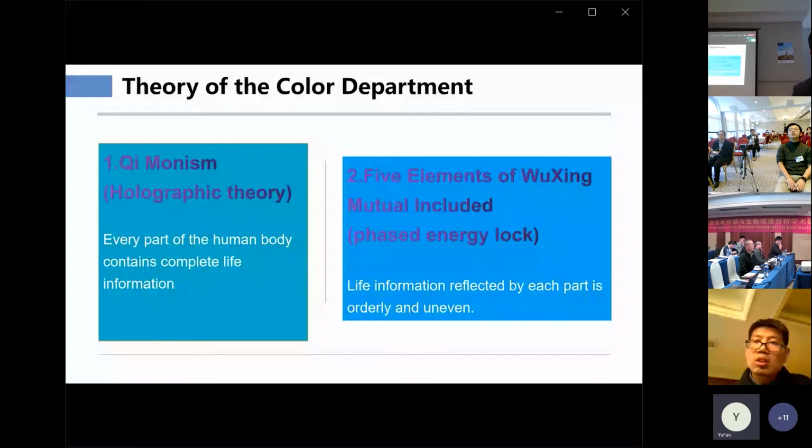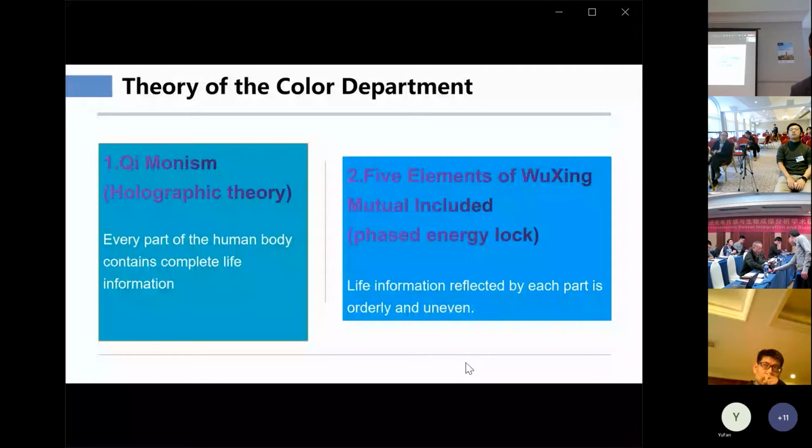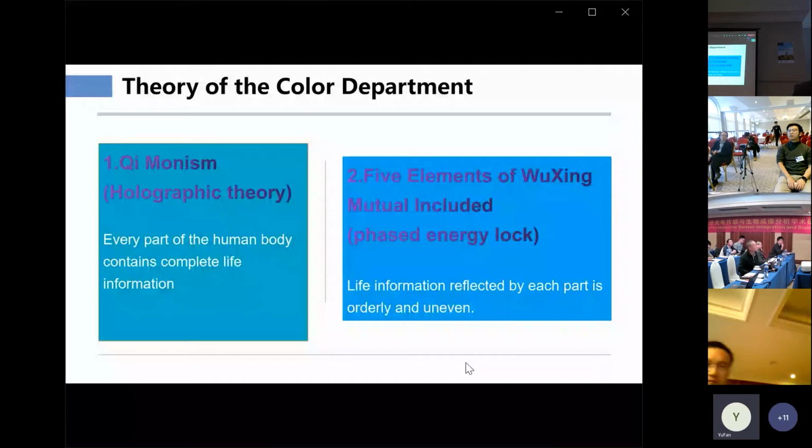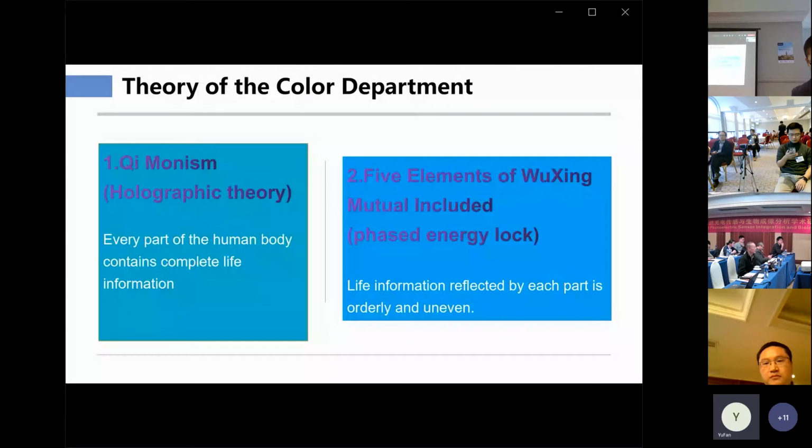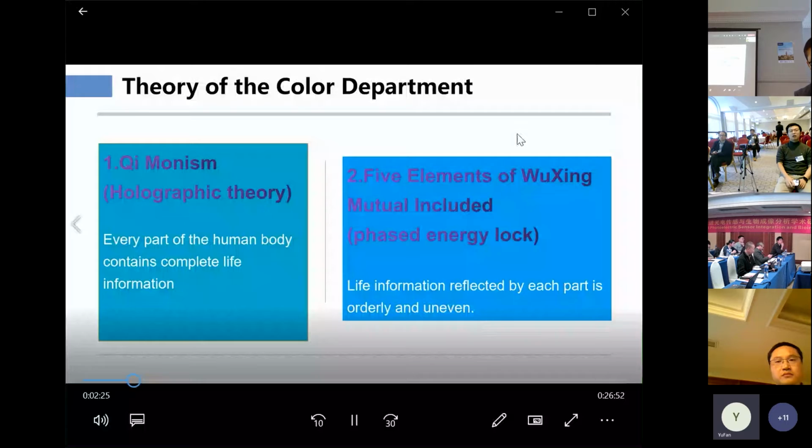The theory of chiasm is much more modern and comprehensive, which links all the information of the universe together. It's kind of like holographic theory. Can you hear it now? But we focus on the human body, so Yes, we can hear. it is every part of the human body contains complete life information. Like one piece of DNA contains all the life information. Then for the ECM, we think the part of the human body contains complete life information.